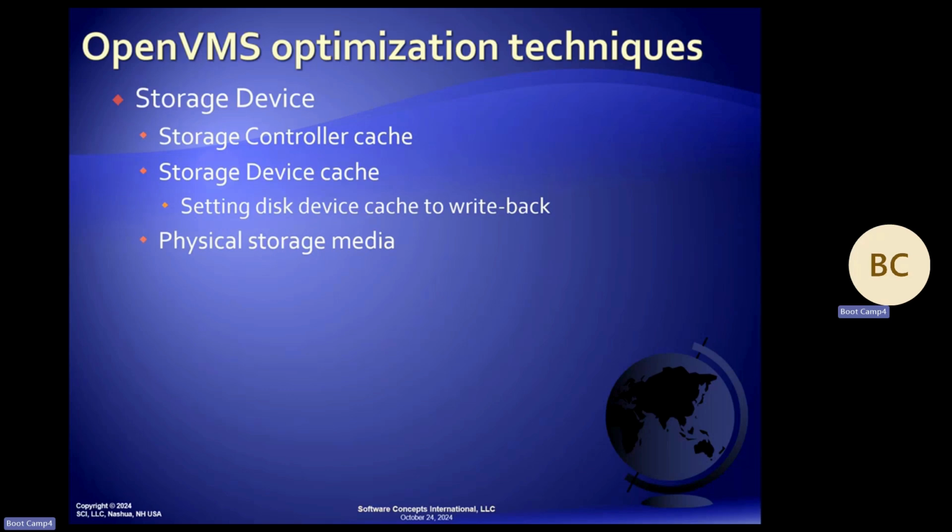But if you had, say, compile and link cycles, where you wanted just the fastest performance, or sort work temp files, where if the power fails you're going to have to do the sort again anyway, those sort work temp files could be on a disk where you're allowing the disk to write it to the actual surface whenever it gets to it. That's something you can use as a performance optimization when you understand the volatility requirements for that particular type of data.